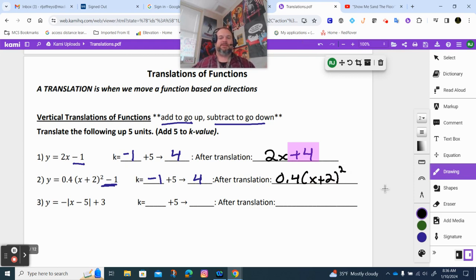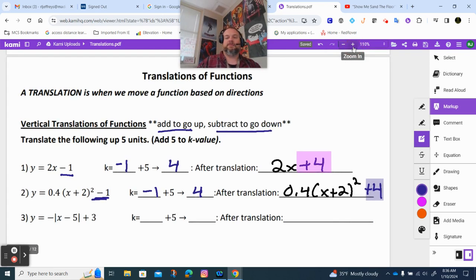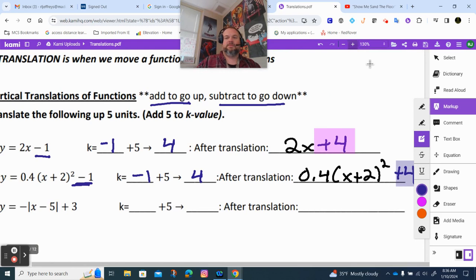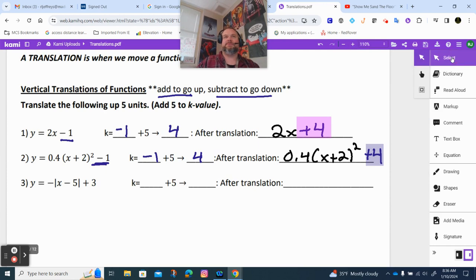This is our A and our H, that's something different. And then plus 4, again, this being the new part. Making a little bit more sense now? Good.